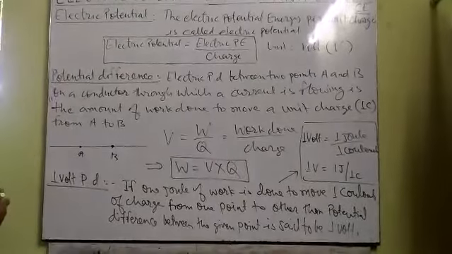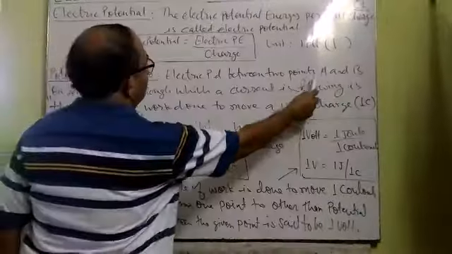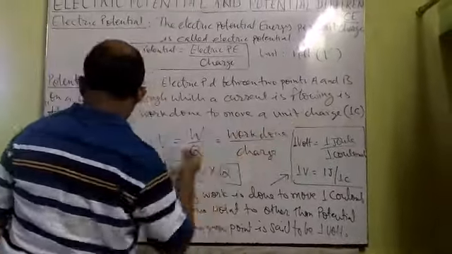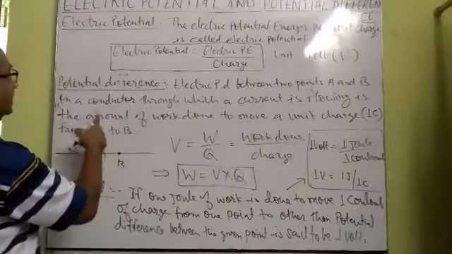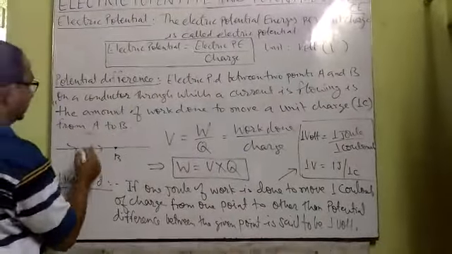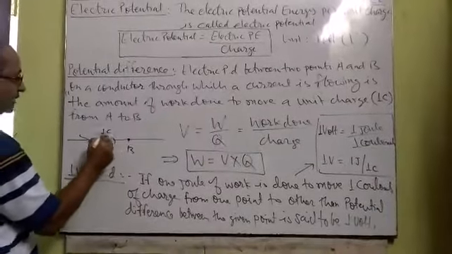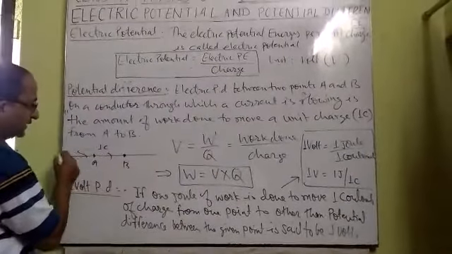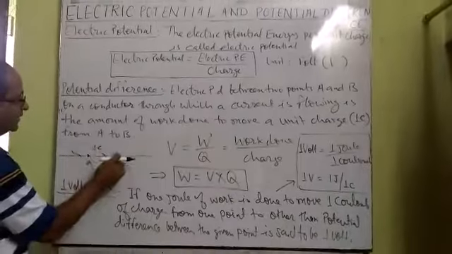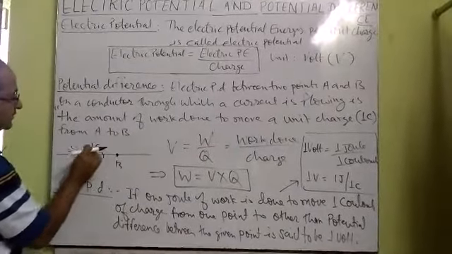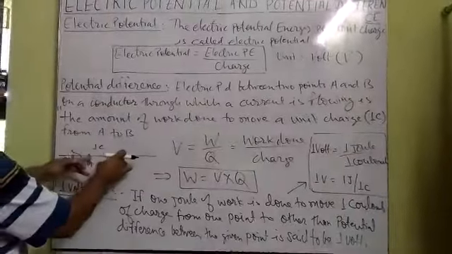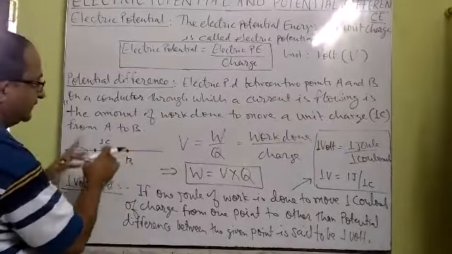For that, think of the electric potential difference between two points A and B on a conductor through which a current is flowing: it is the amount of work done to move a unit charge, meaning 1 coulomb of charge, from A to B. If you want to move 1 coulomb of charge from point A to point B in a closed electric circuit, then whatever amount of work is required is equal to the potential difference across the points A and B.